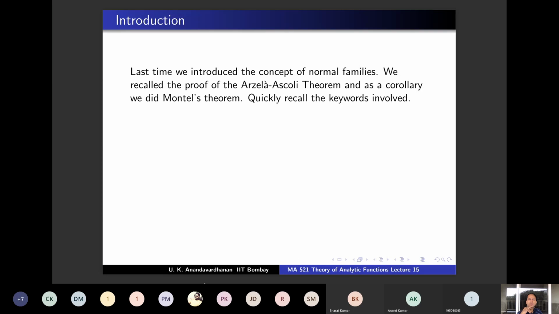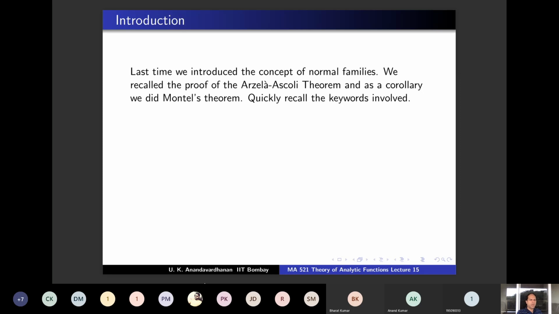So, quickly recall the keywords in Ascoli. To start the process you need a countable dense subset. Once you have that, you do what is called the diagonal process. That settles Ascoli. In Montel, you take a compact exhaustion, and for a collection F, you restrict each function f in F to Kn and show that they are equicontinuous.